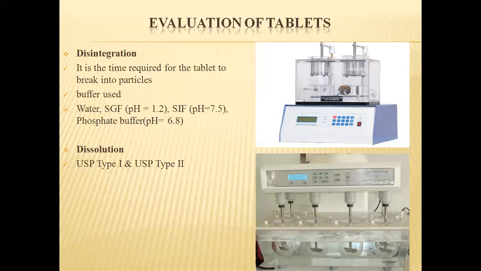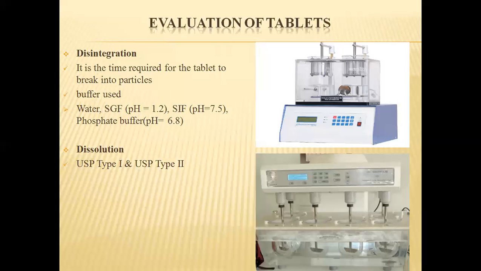Each tablet, a single tablet, is placed on each tube and an up and down movement is observed, and the rate of this movement is generally 28 to 32 times per minute. The temperature maintained inside is around 37 degrees centigrade. This is a common test protocol, but the protocol changes depending on different types of tablet.